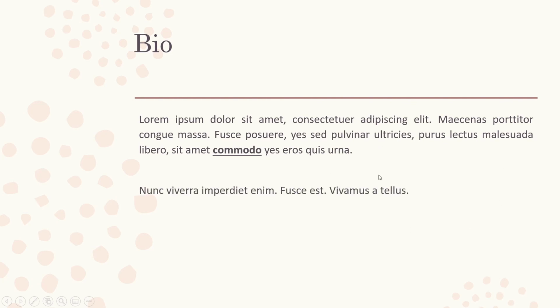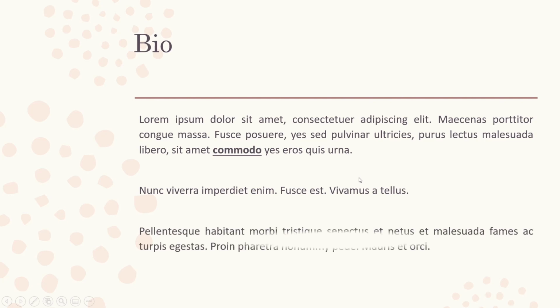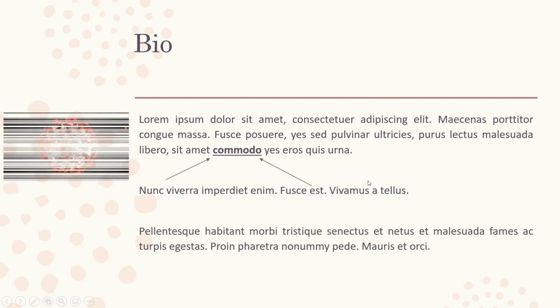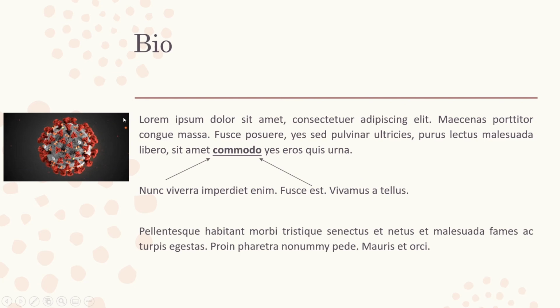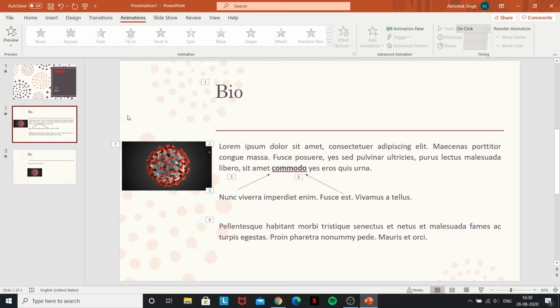And I'm clicking this every single time based on the numbers that we had assigned previously. And that's how it would appear. So based on every click, based on the number, first one would be the title, two would be the first paragraph, three the second, four would be the last paragraph, and then the two arrows and the picture.